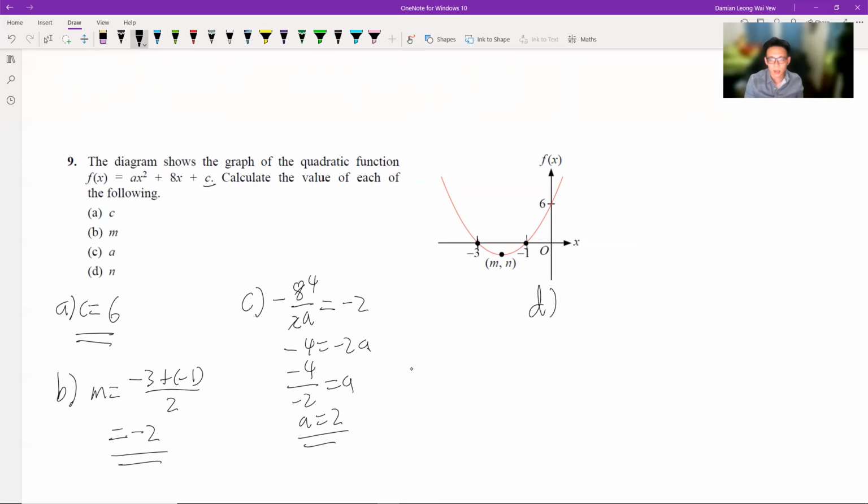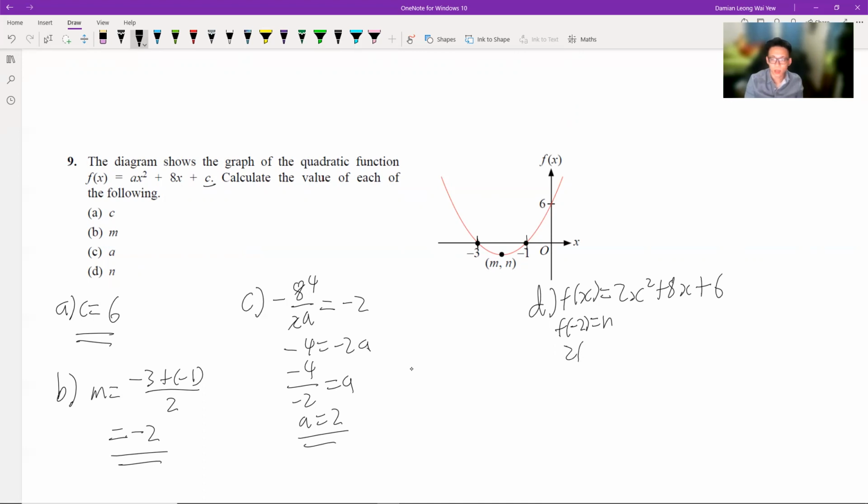So part D, I want to find n. Put back the a and c first. f(x) is 2x squared plus 8x plus 6. I want to find n, means I put the m value in. Basically f(m) equals n, so f(-2) equals n, because m is -2.